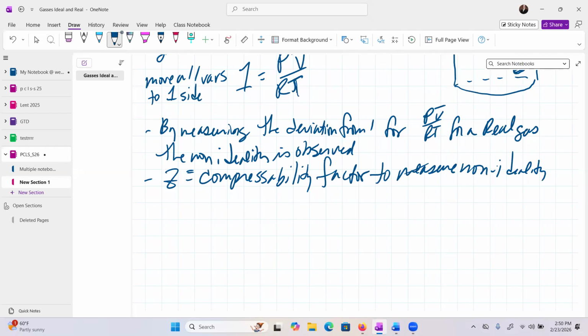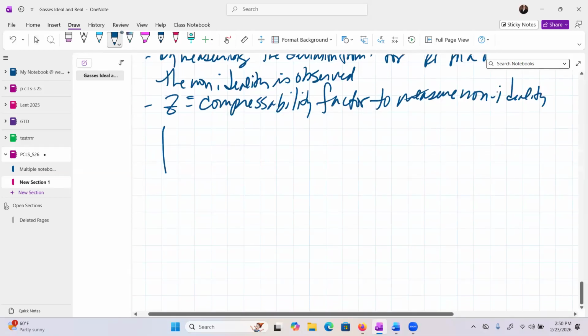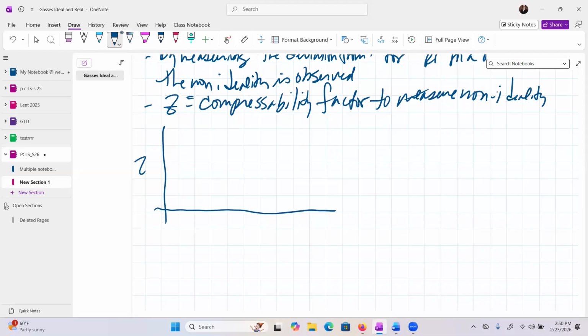Okay, so now let's make a graph. So what you do is you plot the actual and you plot the ideal one. Okay, so for an ideal gas, the compressibility factor, that is the non-ideality, shouldn't exist. So that means that it should be 1 to 1.